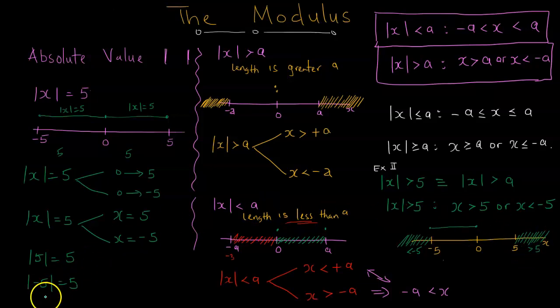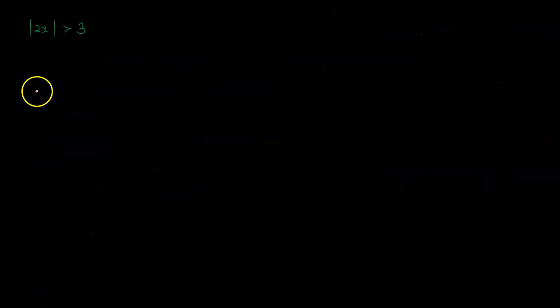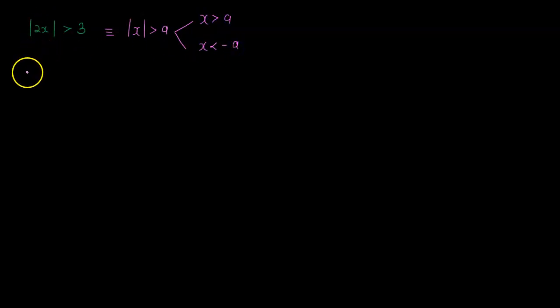Let's take another one. Absolute value of 2x greater than 3. So, of course, the first thing we are going to do here is to compare. This is a greater than, so we are going to compare this with the absolute value of x greater than A. And we know that this is x greater than A or x less than negative A. So this is just going to be 2x greater than 3 or 2x less than negative 3.